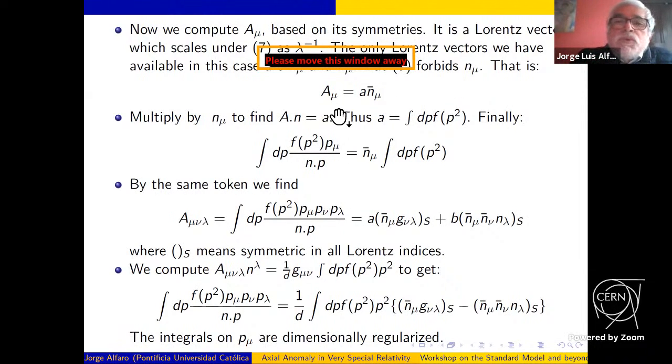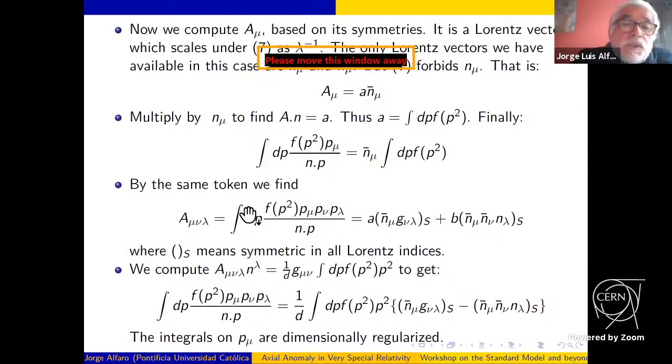That is, a^μ should be proportional to n^μ. Multiplying by n̄_μ, we find that a·n̄ is small a. So you can get small a as this integral, which is a normal integral. So you have evaluated the complete form of the integral independent of the value of f, and this without any effort, simply using the symmetry.